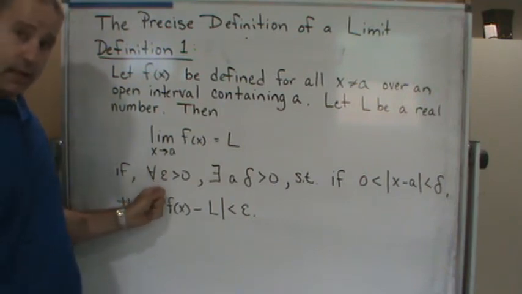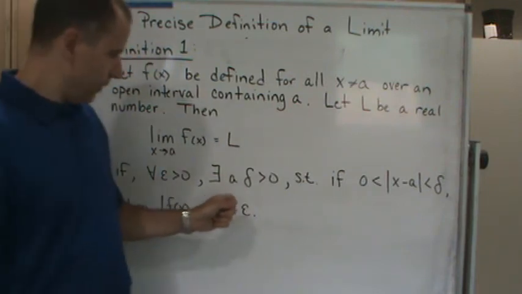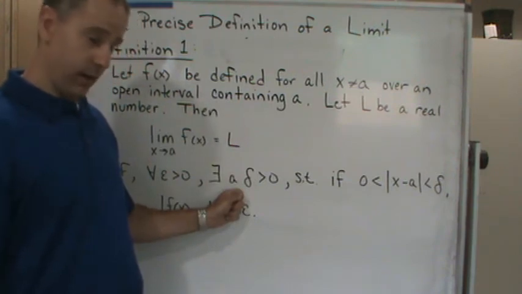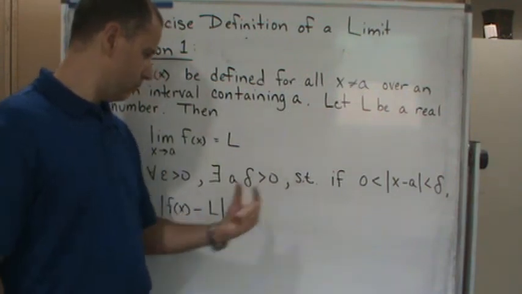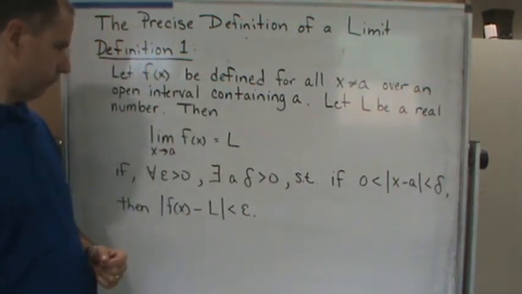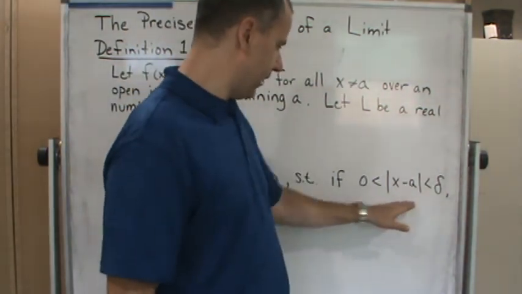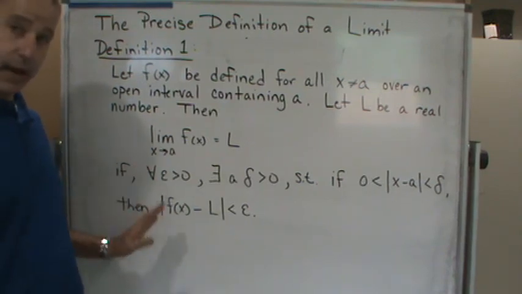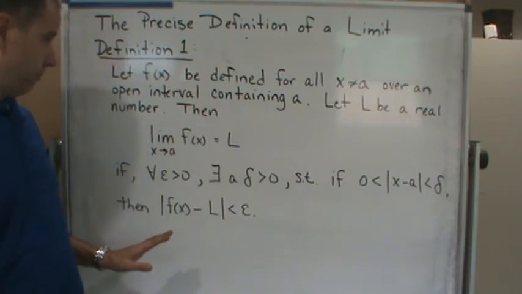For any positive value of epsilon that I choose, there exists a delta greater than 0, such that if I have this, then I must have this. So if that is true, then I have a limit.